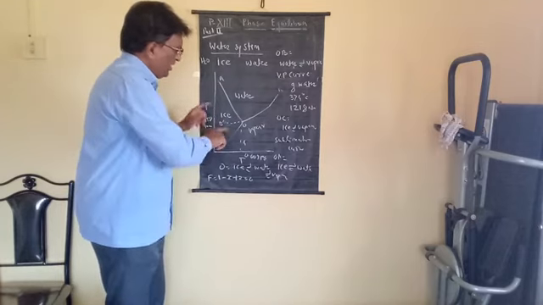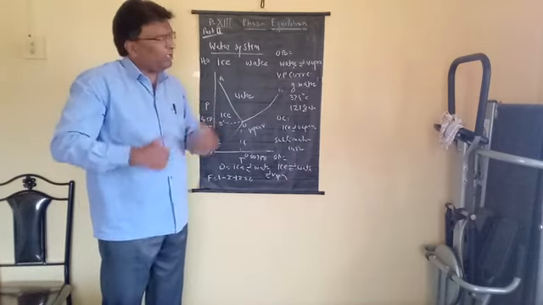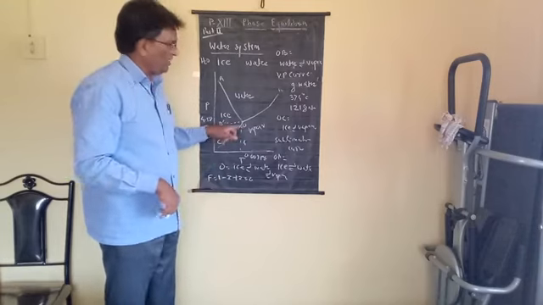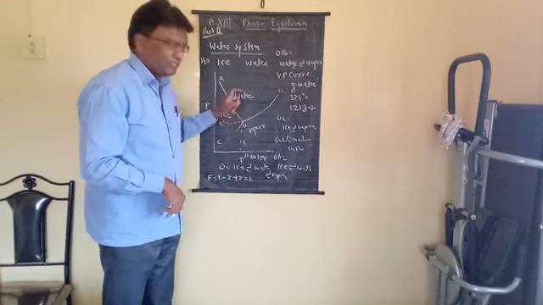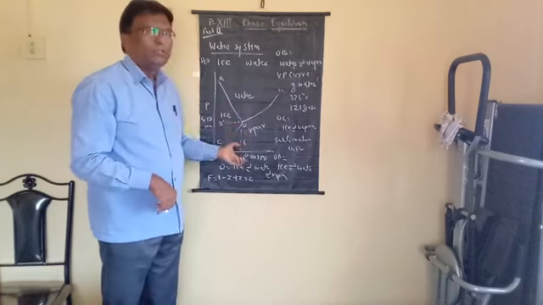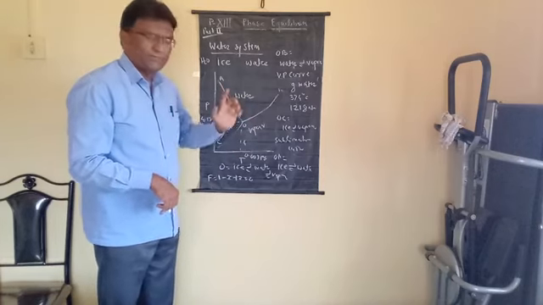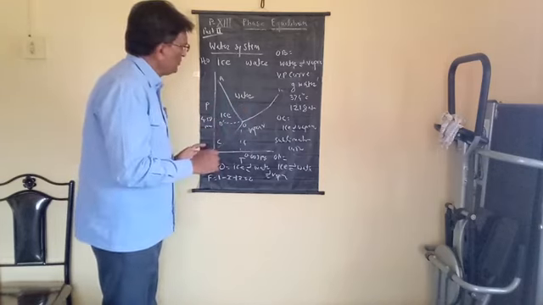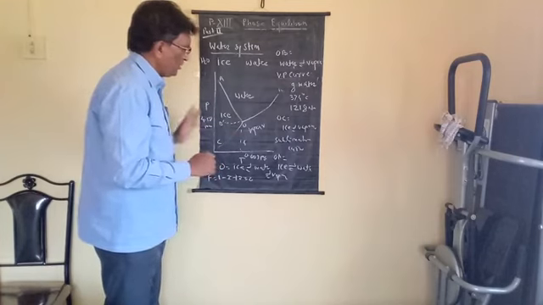These two, pressure and temperature, are automatically fixed. We need not fix these variables, and that's why it is the triple point. It is a self-explanatory, non-variant point. This is all about the explanation of this water system.